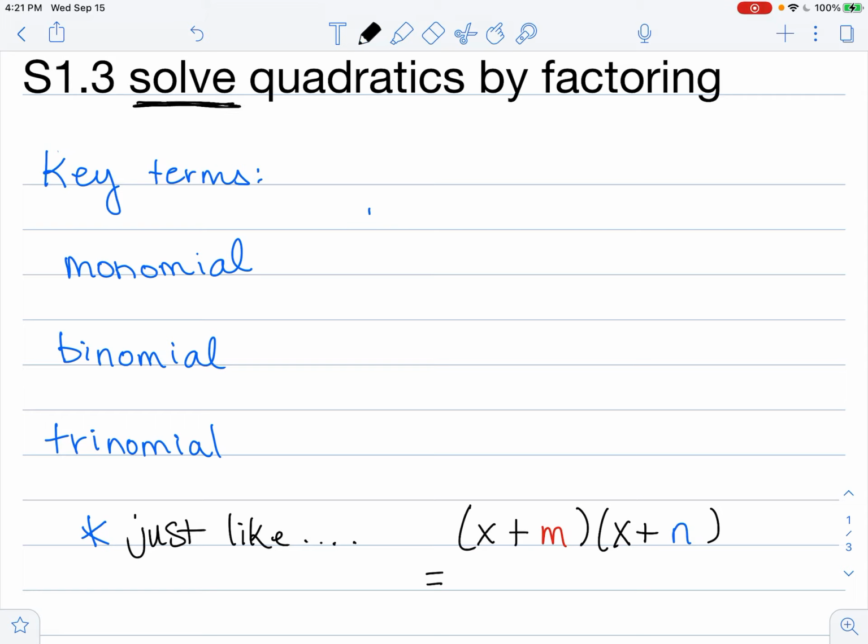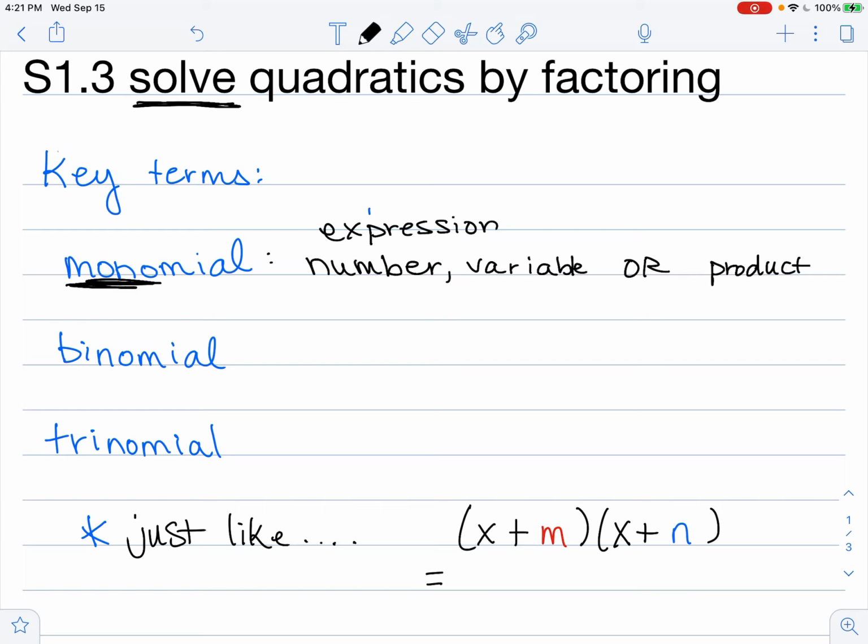So a monomial is an expression that is either a number, a variable, or the product of a number and one or more variables.